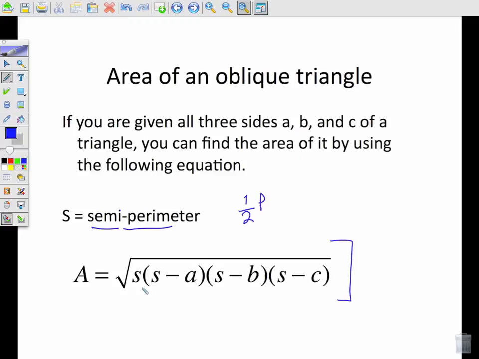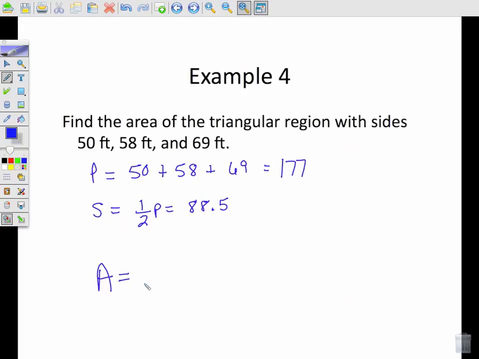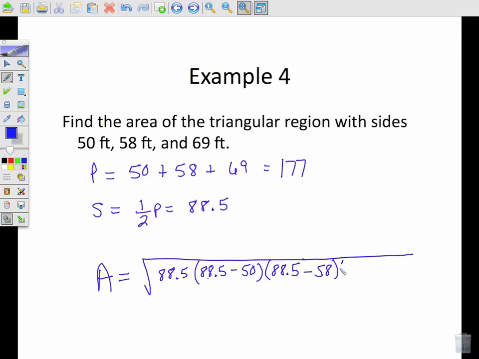So the area is going to equal, you can look back here to our formula, the square root of S times S minus all 3 sides. Square root of S, which is 88.5, and then 88.5 minus 50, and 88.5 minus 58, and 88.5 minus 69.